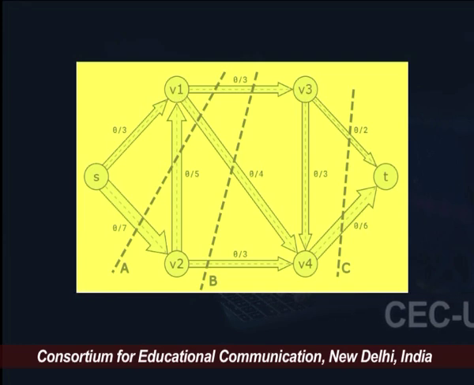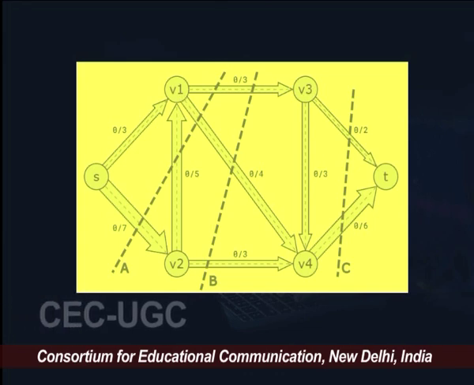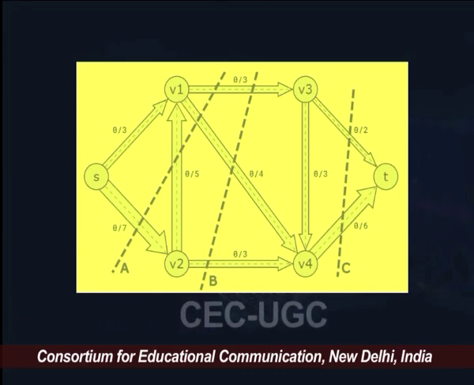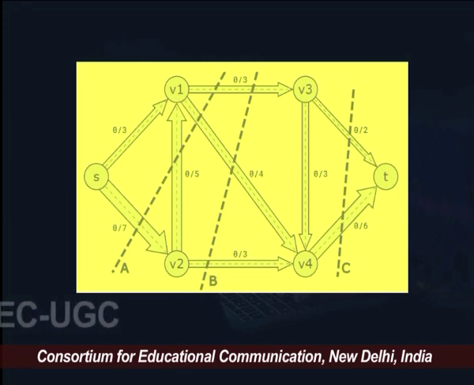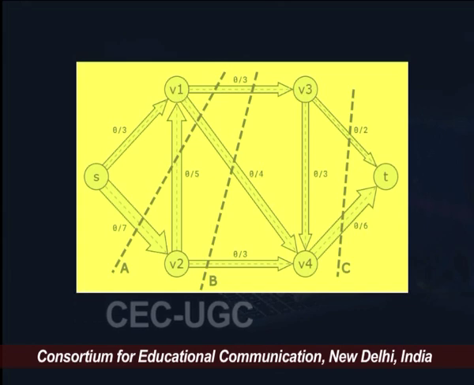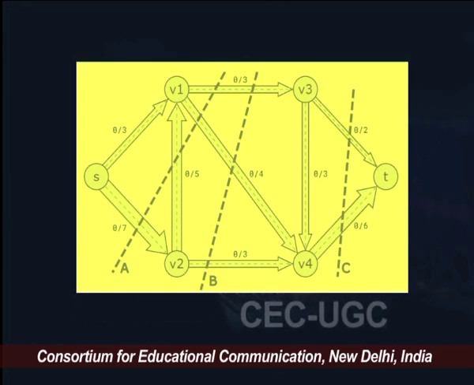Cut B has S, V1 and V2 on one side, V3, V4 and T on the other. And cut C has S, V1, V2, V3, V4 on one side and T on the other side.